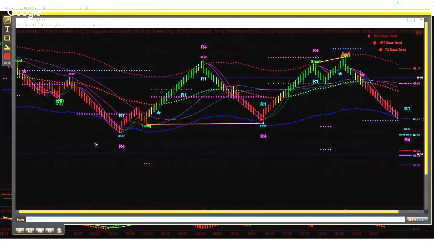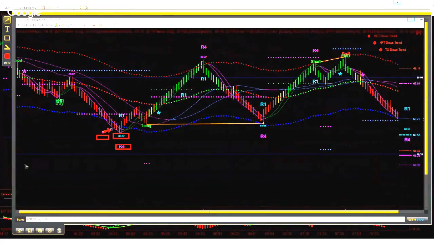So what we have done, we set the rules: we take the reversals only when it's out of the band. In other words, we have a symmetry here, and we have a reversal. Those do not repaint, and the market is out of the band. You see, the market is out of the band.